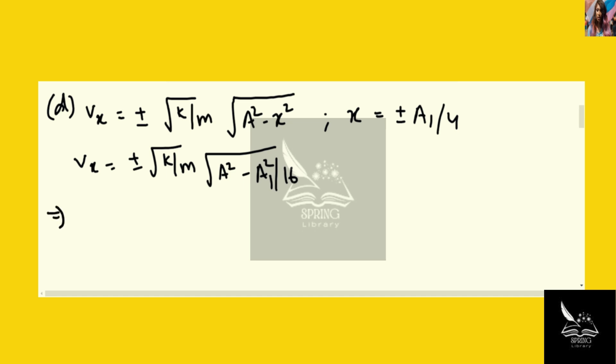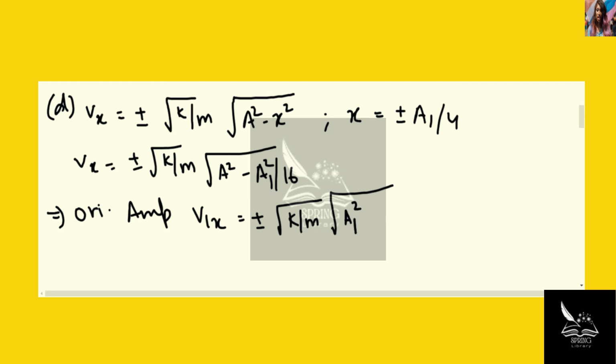Now there are two cases: original amplitude, that is v1x, equal to plus or minus root of k upon m into root of A1 squared minus A1 squared upon 16. That is equal to plus or minus root of 15 upon 16, root of k upon m, A1.